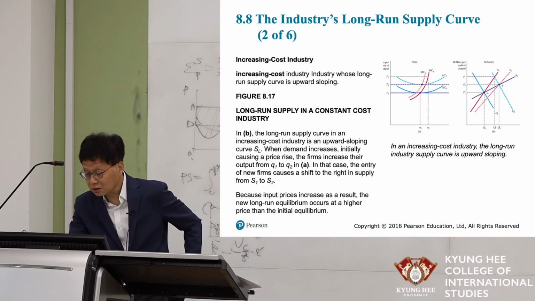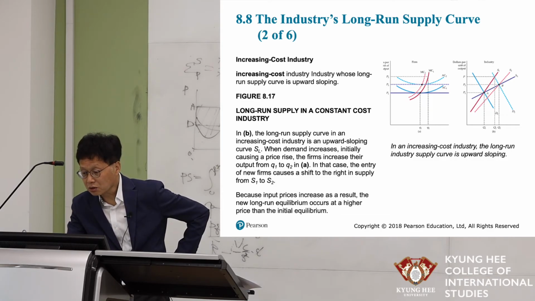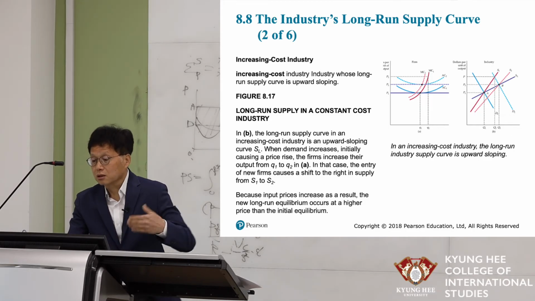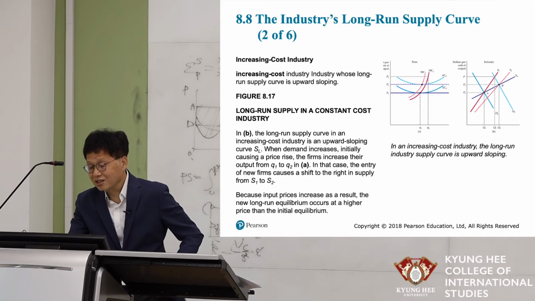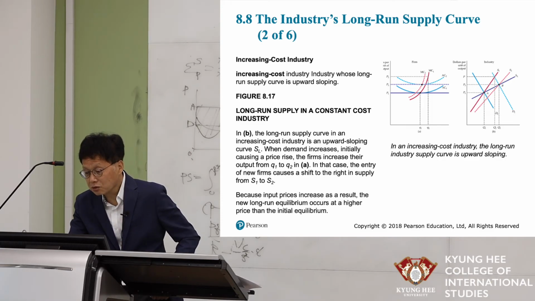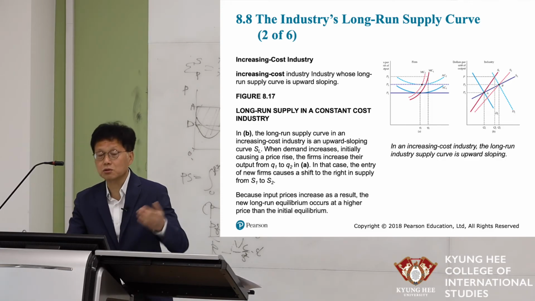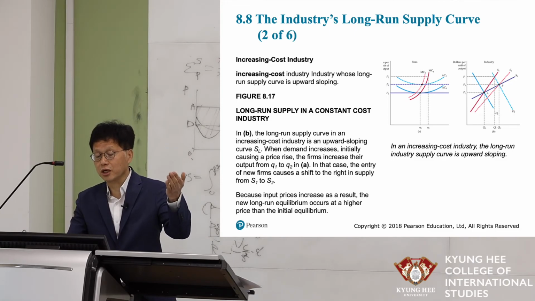Okay, so look at this. In this figure, panel A, the original marginal cost curve and original average cost curve are like this. But when production increases at the industry level, what happens? Marginal cost increases, average cost also increases, the cost structure changes, right?